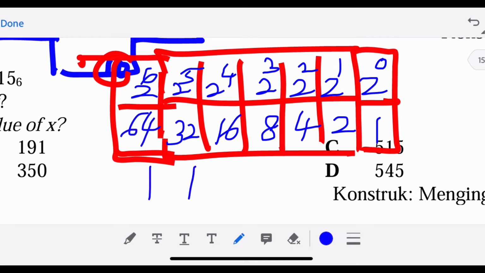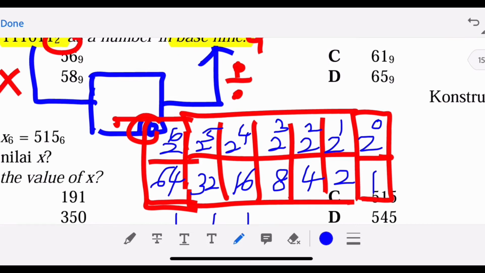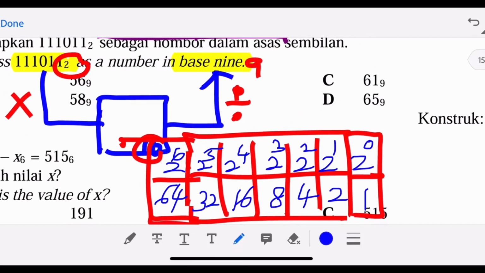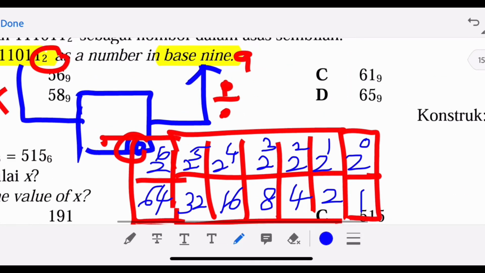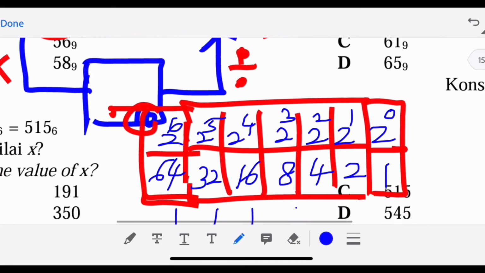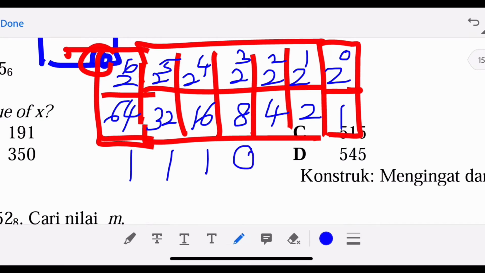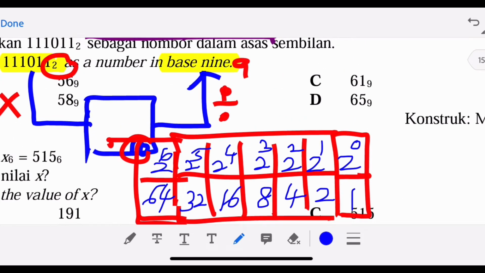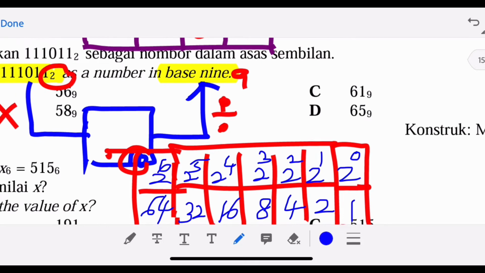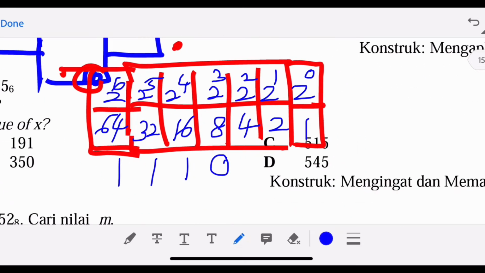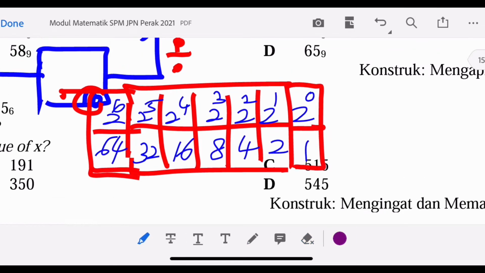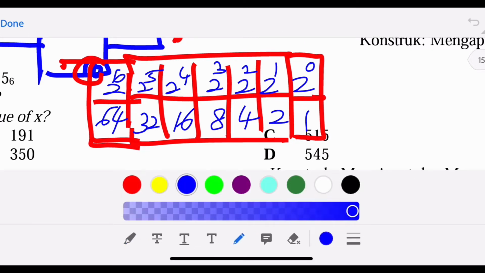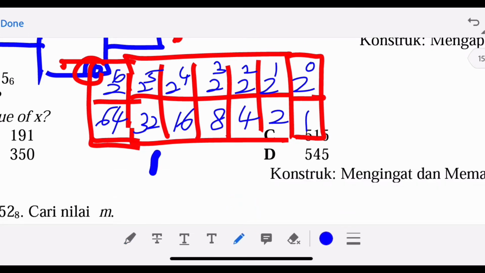Then we have the digits, triple 1, and 0, and then 1, 0, 1. Okay, we have 7 digits.